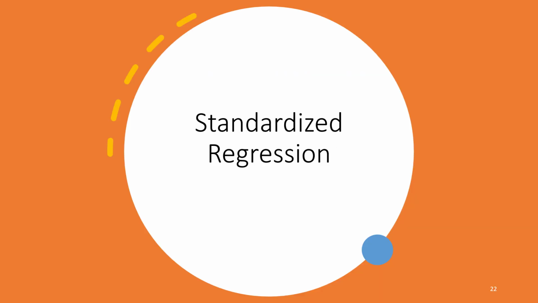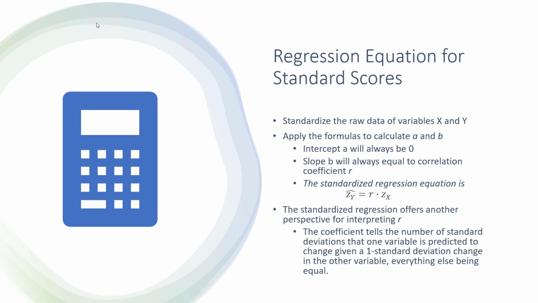What we have been talking about is unstandardized regression. Not surprisingly, there is a version called standardized regression. If the variables X and Y are standardized before running regression as described above, the results are standardized regression. Both standardized regression variables have a mean of 0 and a standard deviation of 1.